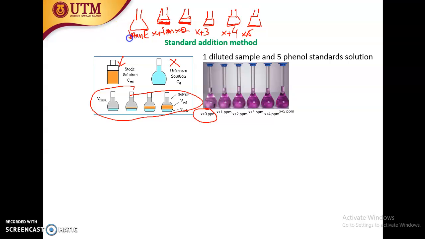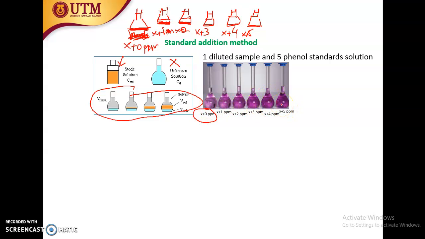That means the blank with the sample only, without any stock solution, and you dilute to the mark as usual. There's no stock solution, therefore it is x plus 0 ppm. You see that x plus 0 ppm is already colored. So if you are doing dye analysis and so on, you know already that it will contain this analyte X that we want, and the concentration increases as well.